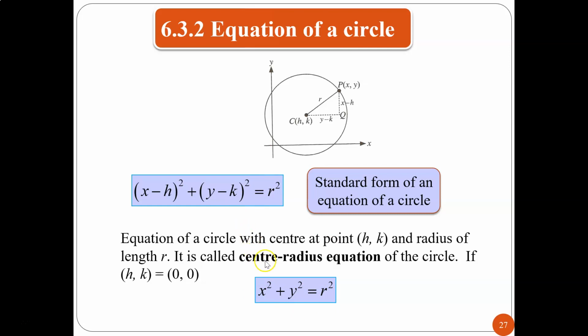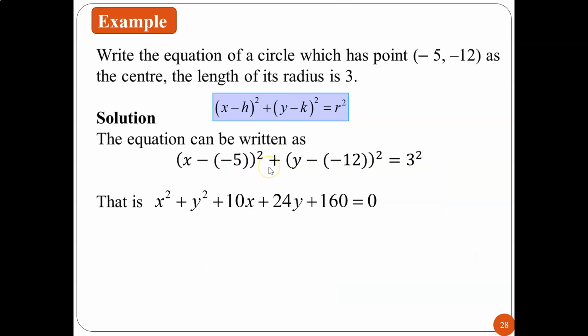Ini pula center radius equation. Ini dalam bentuk center radius. X square plus Y square equal to R square. Ini bila mana your H and K equal to 0. Terus dapat macam ni. Tu dia dah tunjuk. This one H, dekat sini K, dekat sini.